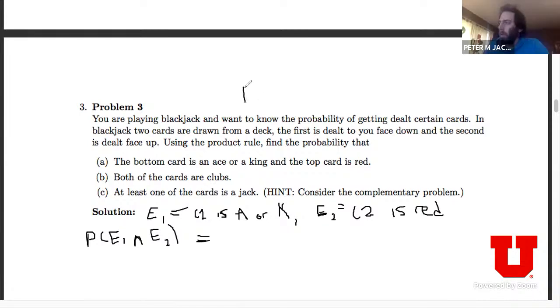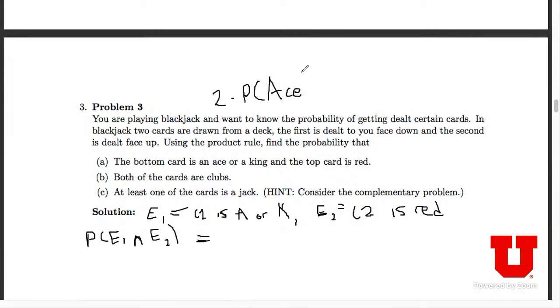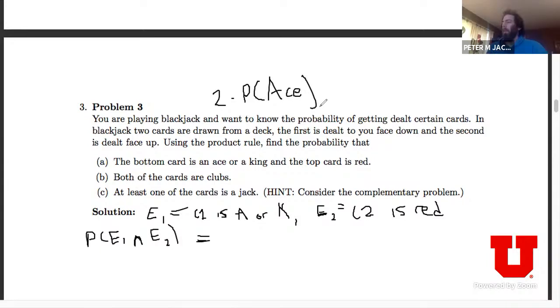Okay, so I'm just writing out what you have here. You have the probability of drawing an ace or a king, or you have 2 times the probability of drawing an ace, because the probability of getting an ace and getting a king is the same. Yes, on your first draw of a card, you are just as likely to get an ace as a king. That is correct.